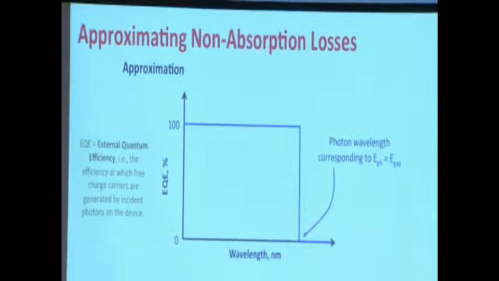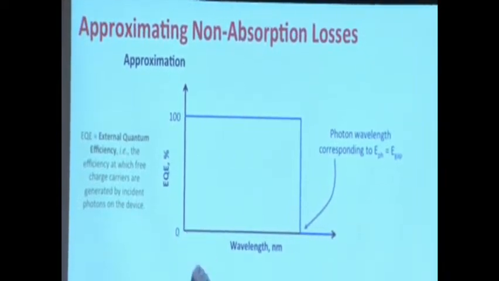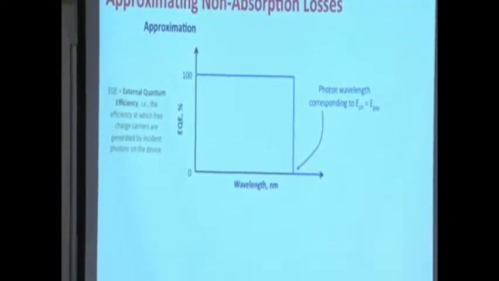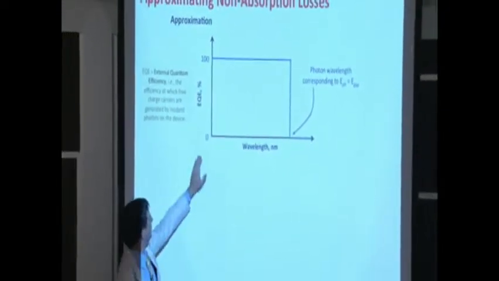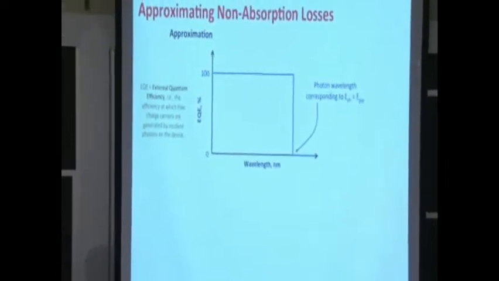We have wavelength right here: longer wavelength, lower energy; smaller wavelength, larger energy. And at some point we have the turn-on of absorption of our device, because we have a bandgap at that energy. On the y-axis I've plotted EQE, which is external quantum efficiency.